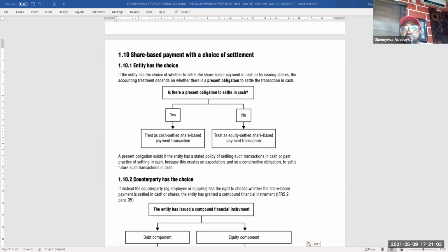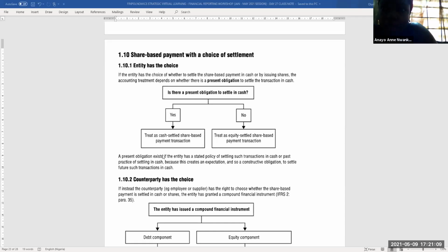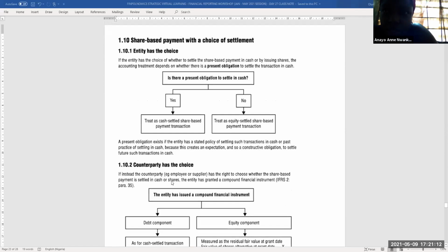Share-based payment with the choice of settlement. Entity has the choice. If the entity has the choice of whether to settle the share-based payment in cash or by issuing shares, the accounting treatment depends on whether there is a present obligation to settle the transaction in cash.